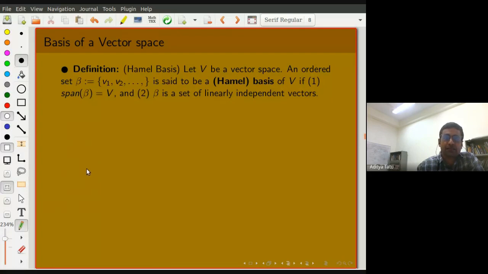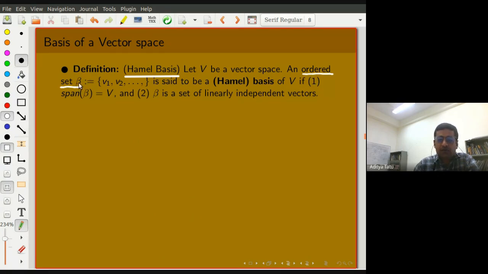This particular definition that we'll be looking at is what is called a Hamel basis, which of course also means that there are other kinds of bases. But as far as this course is concerned, we'll only use the Hamel basis. So what is a Hamel basis? Let V be a vector space.